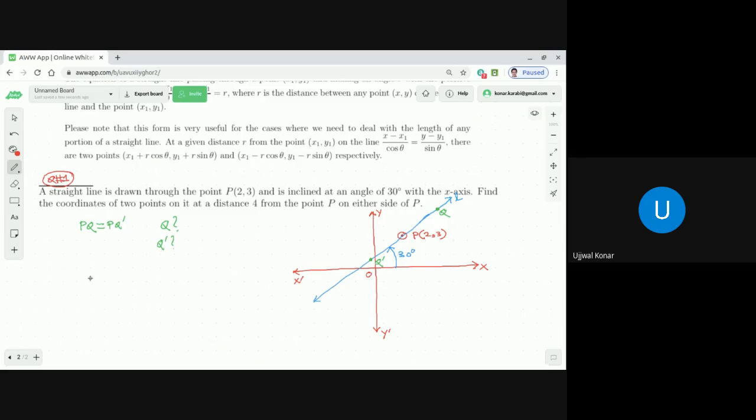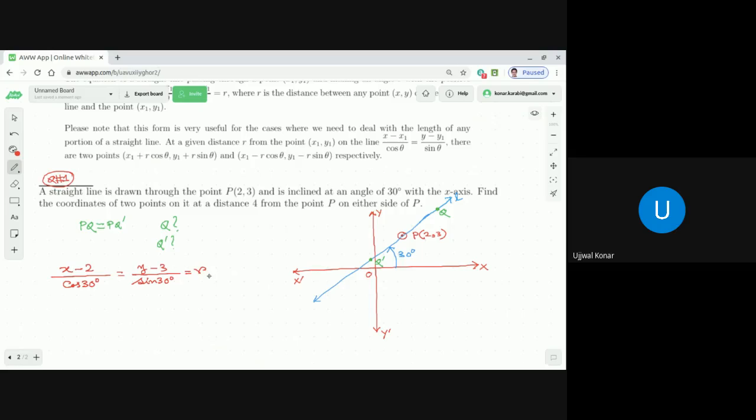So what is the symmetric form of this equation? It is (x minus x1) divided by cos theta, where x1 is the x coordinate of the point P and theta is 30 degree, equal to (y minus y1) divided by sine 30 degree, where y1 is the y coordinate of the point P, that is 3, and that is equal to r.